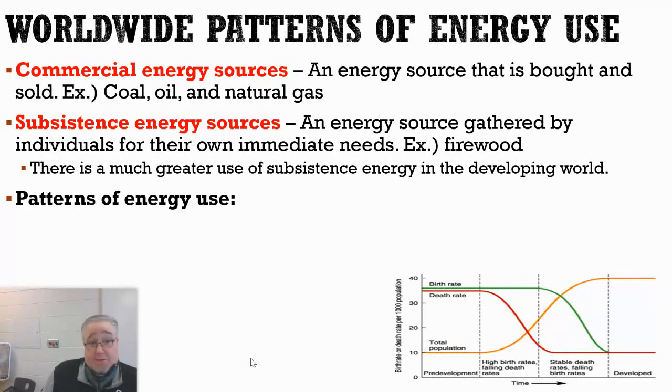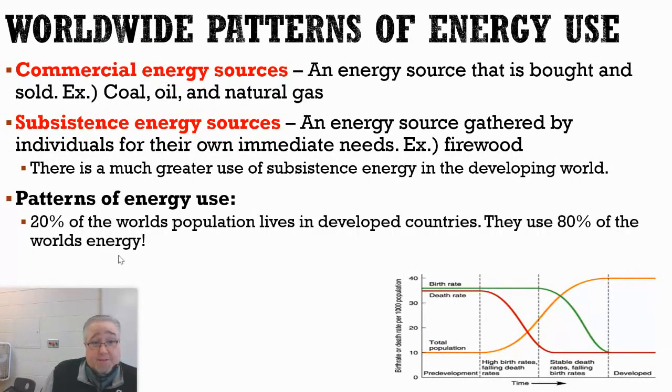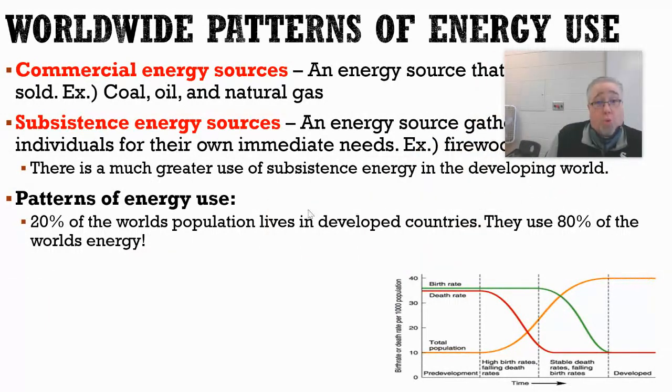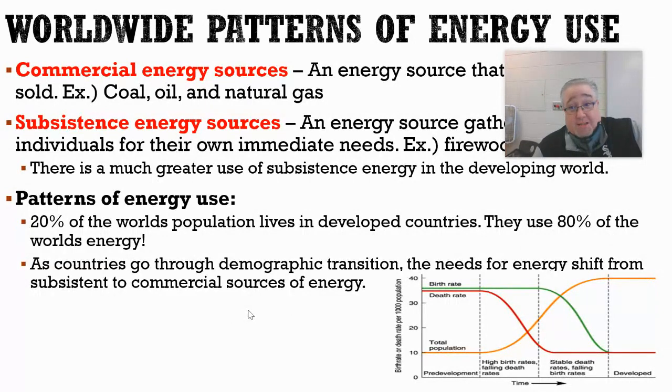Here's a good statistic: 20% of the world's population lives in developed countries, and they use 80% of the world's energy. So if we're looking at energy usage globally, we have to really look at the developed world, because we're the countries using most of that energy.